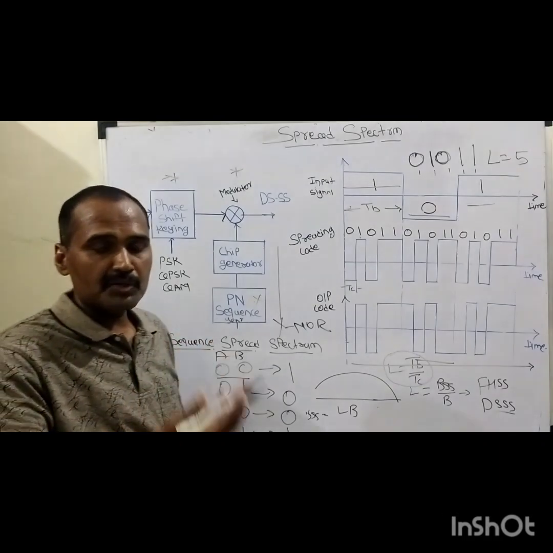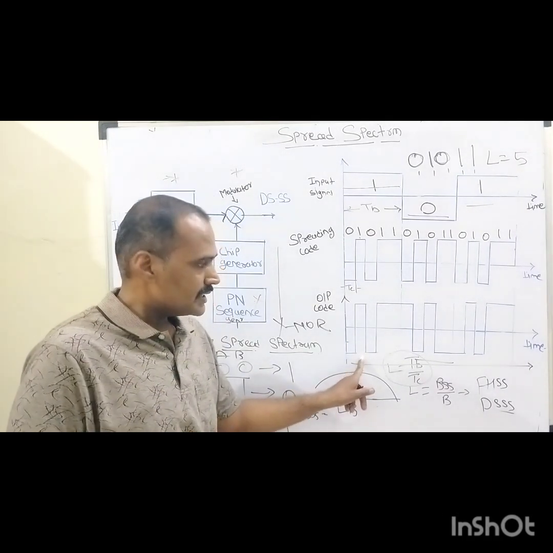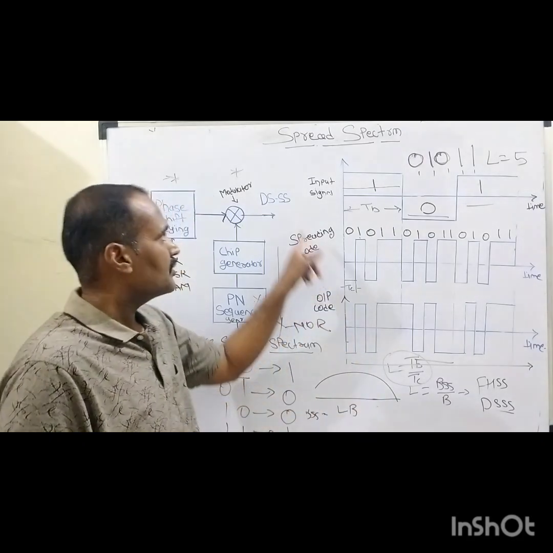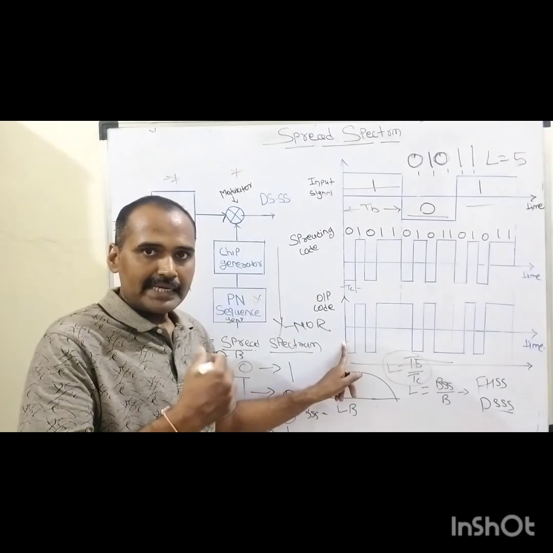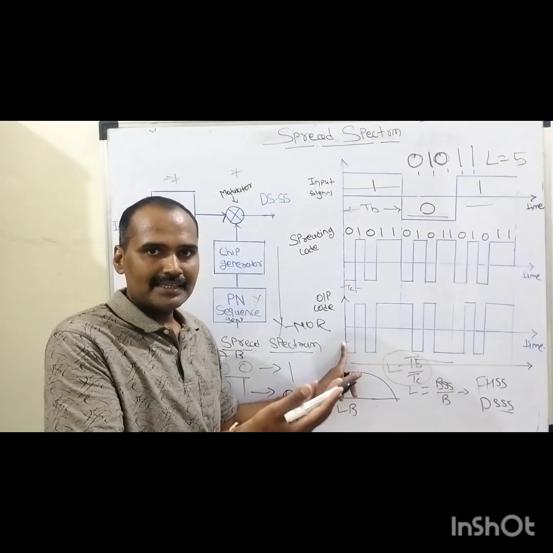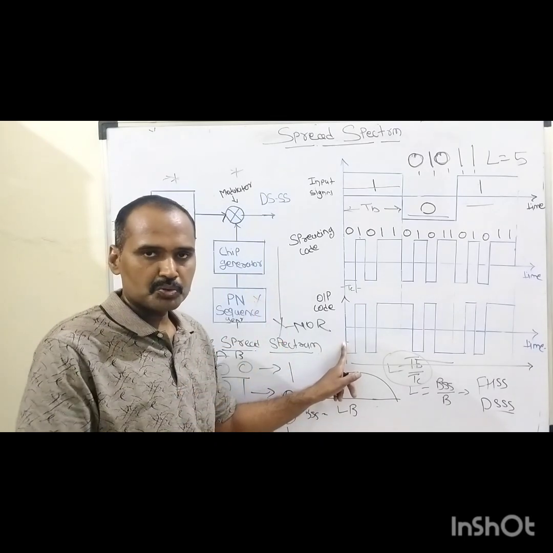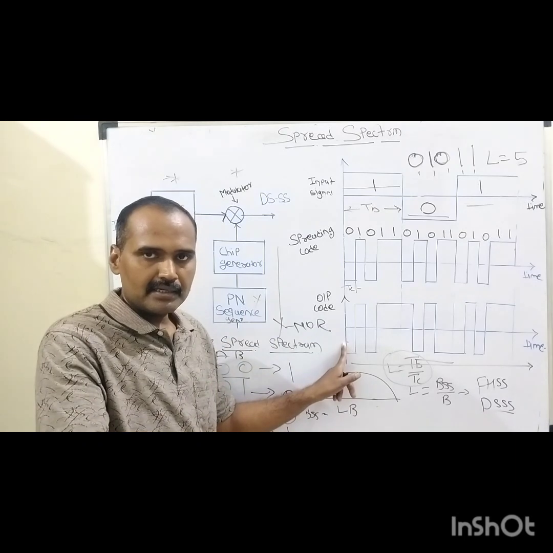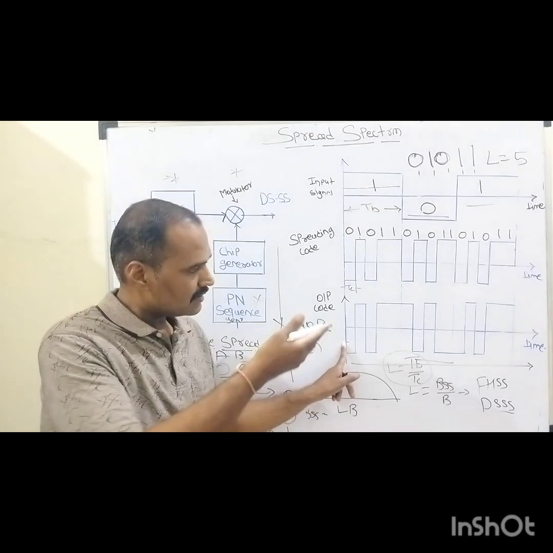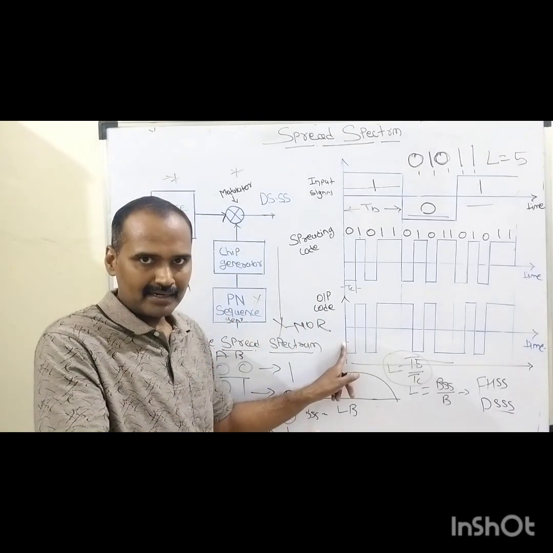Now as far as the demodulation process is concerned, this is our desired signal, denoted by this direct sequence spread spectrum signal. When this signal is transmitted, at the demodulating end, because again we have a coherent type of detector, once the signal is transmitted towards the receiver, at the first stage of the receiver these signals are despread.